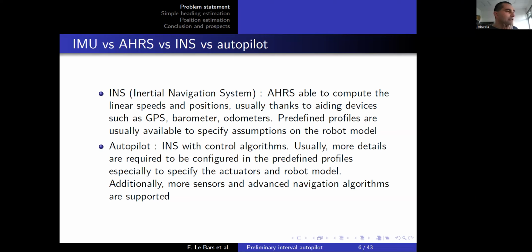The main addition is the control algorithms that can be configured depending on multiple types of robots.